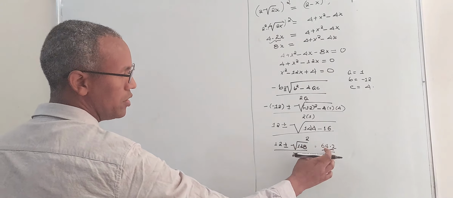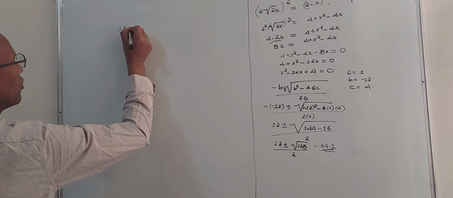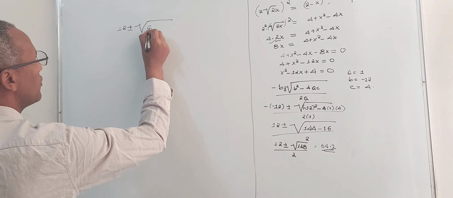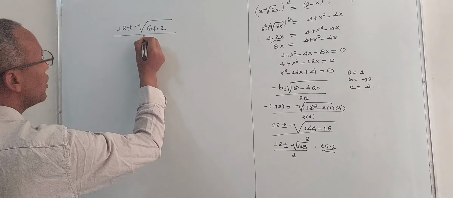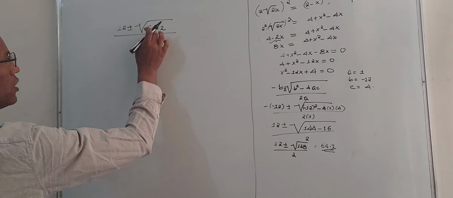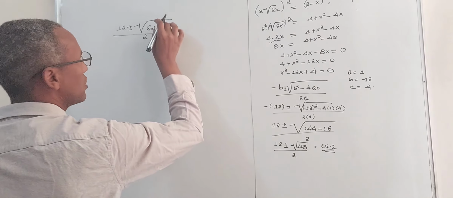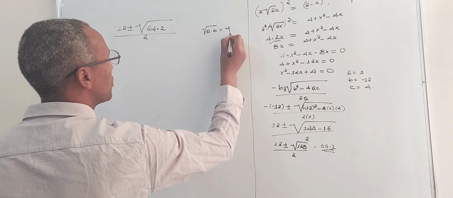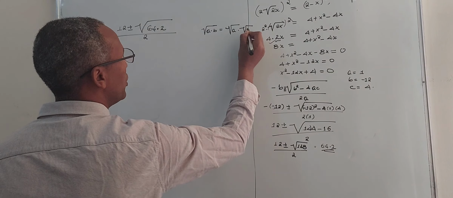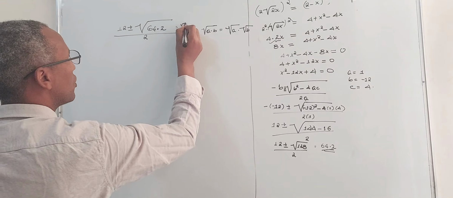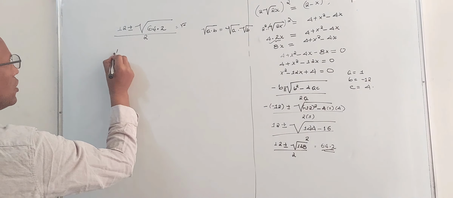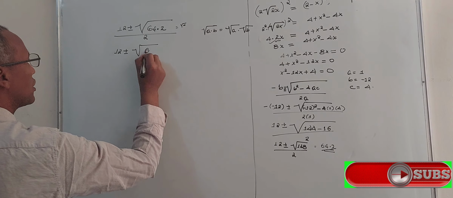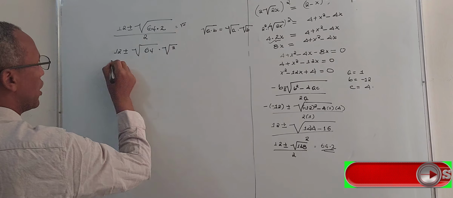So you can plug these terms in here: 12 plus or minus square root of 64 multiplied with 2, over 2, okay? Now, you can write the square root of a multiplied with b as the square root of a multiplied with the square root of b, right? So 12 plus or minus square root of 64 multiplied with square root of 2, over 2, okay.